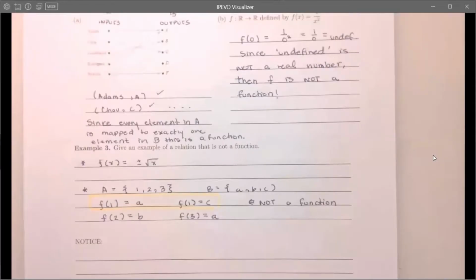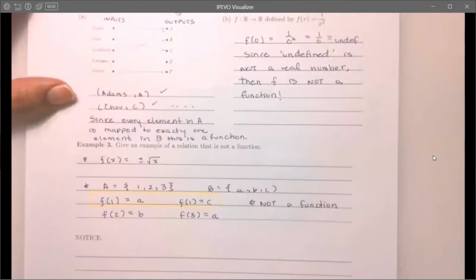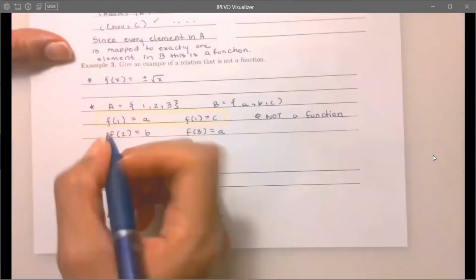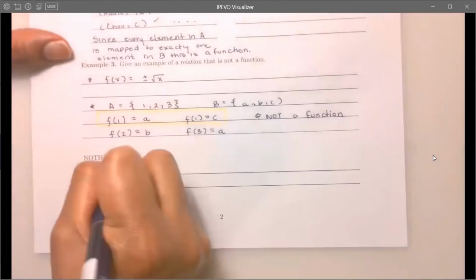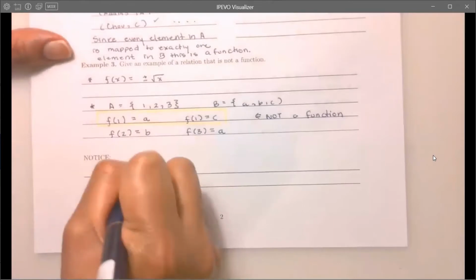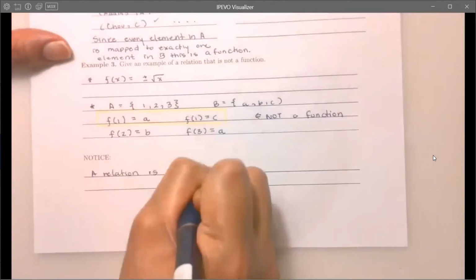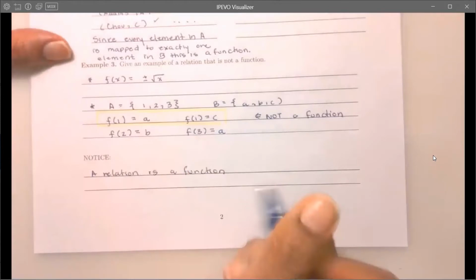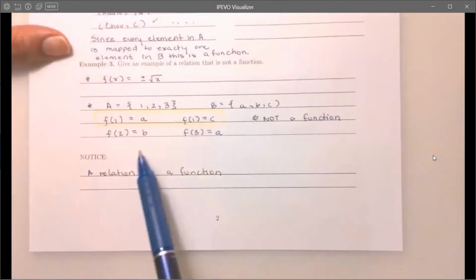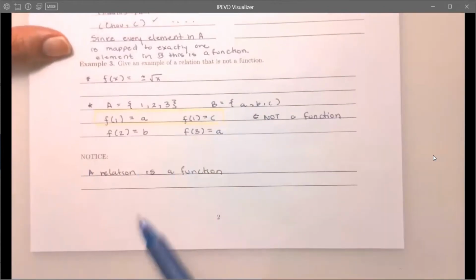So that's something that's worthy of noting. A relation will be a function if basically no two ordered pairs have the same first input value but two different second coordinates.